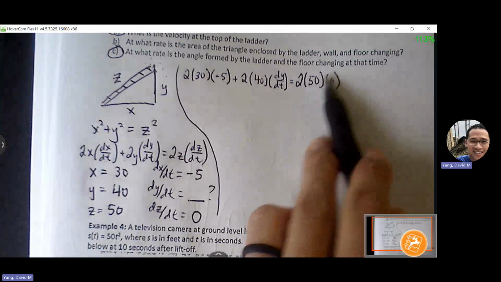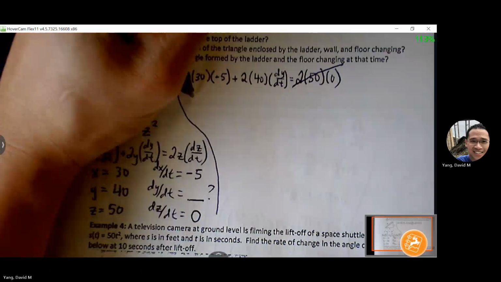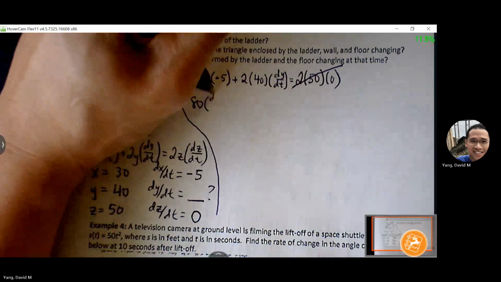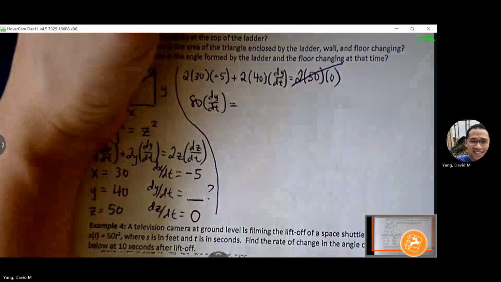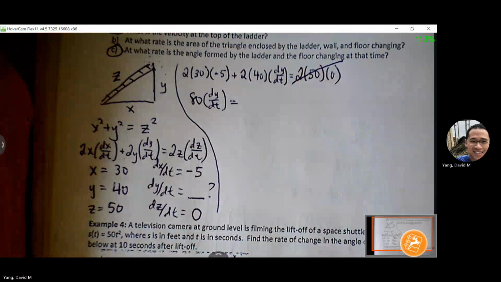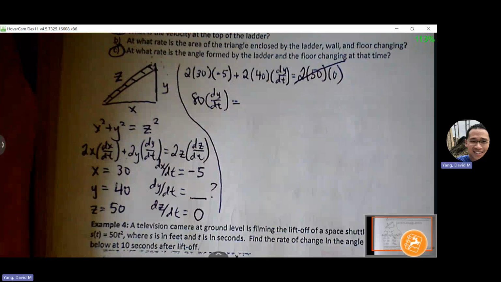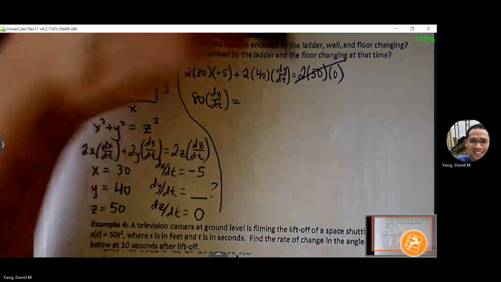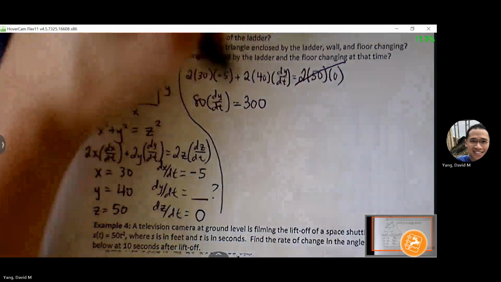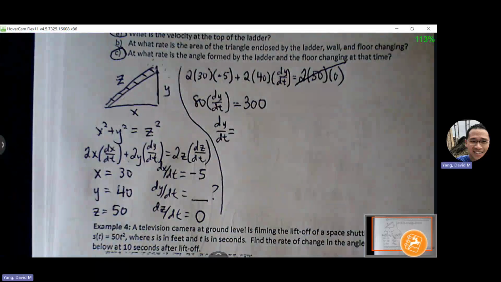Okay, this is convenient here. This wipes out to be 0. It ends up being -300. We can add that 300 over to the right side. Okay, divide by 80.